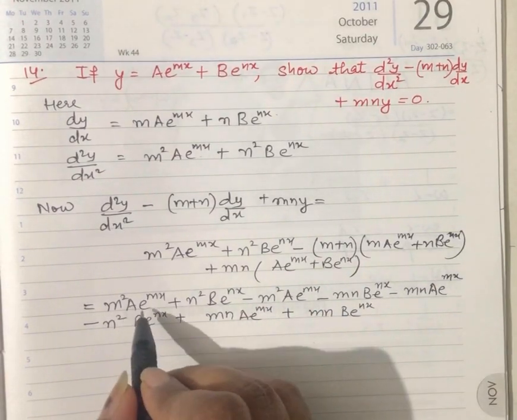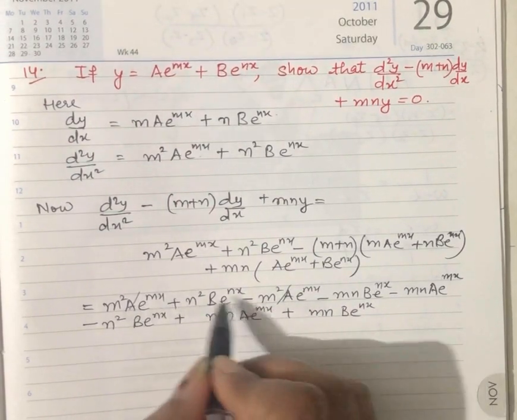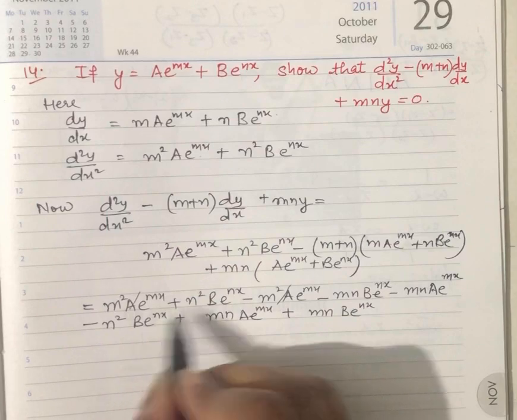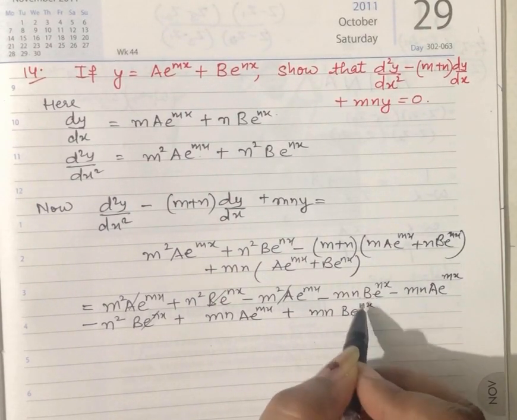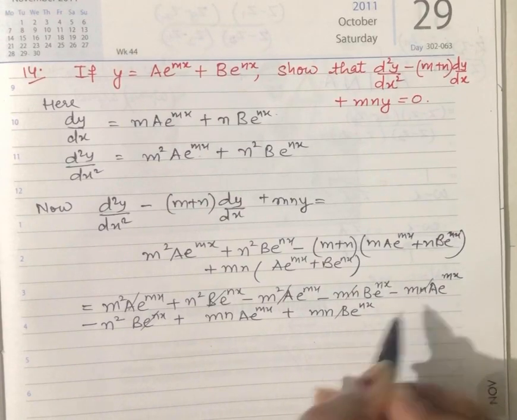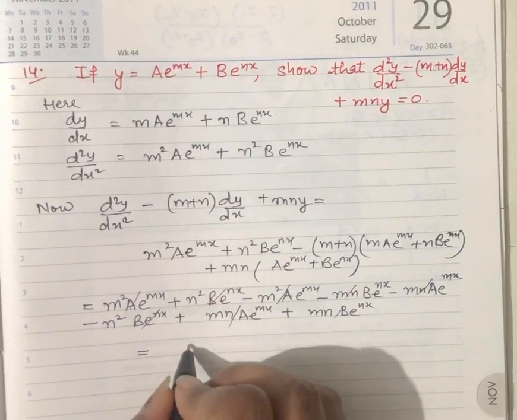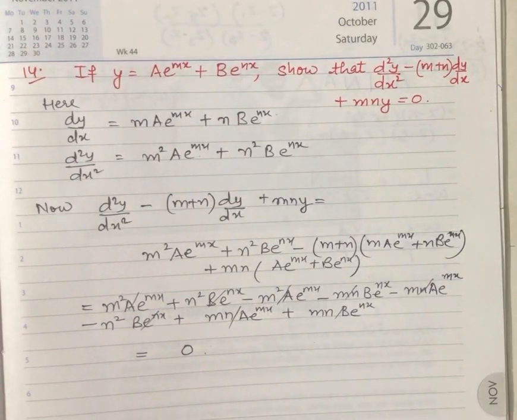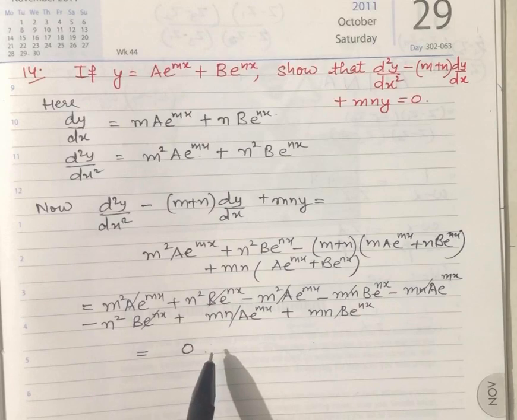So m square a e to the power mx and this m square, it cancels out, n square and this n square, this cancels out, mn b term, this cancels out, and mn a, this cancels out. So all the terms are cancelled. So this is equal to 0. So we are getting the required result. This proves the result, and this completes the 14th question.